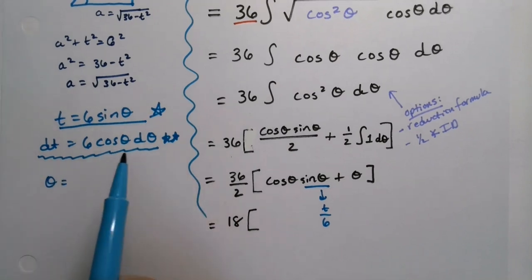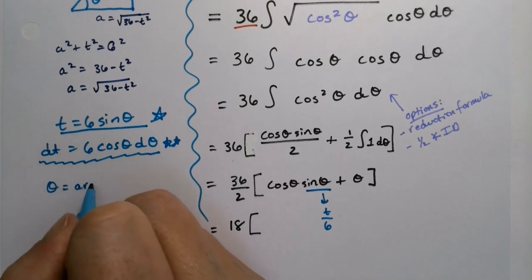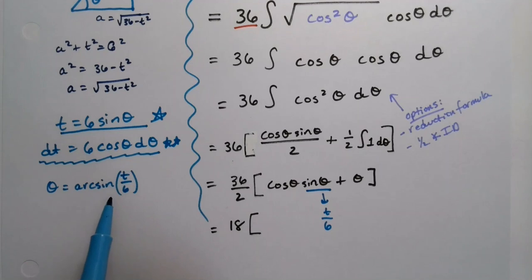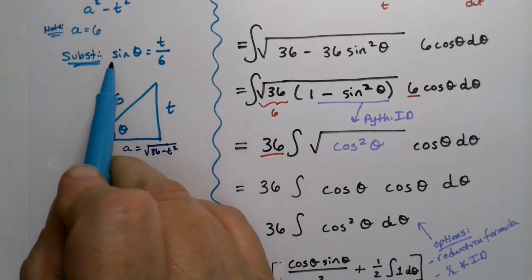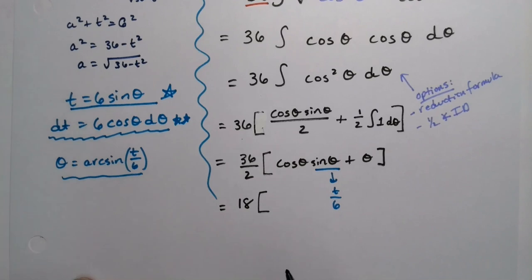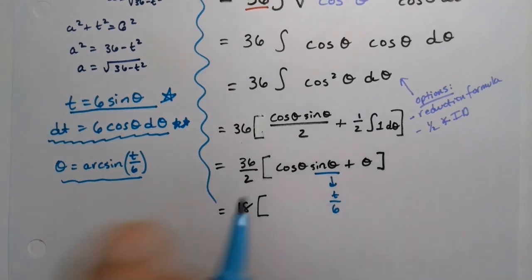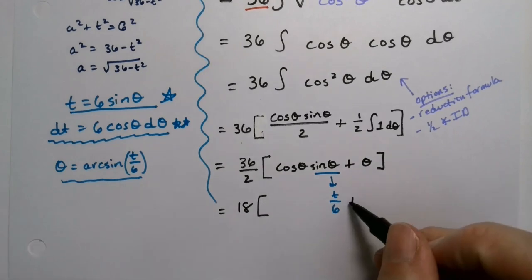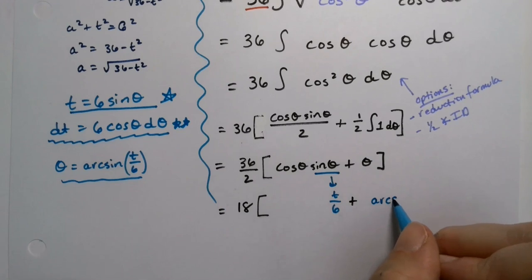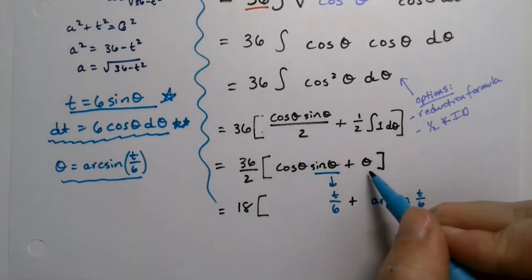Theta is the arc sine of t over 6, right? Because if sine of theta is t over 6, then theta is the arc sine of t over 6. So I can put plus, and then theta would be the arc sine of t over 6. So that's that piece right there.